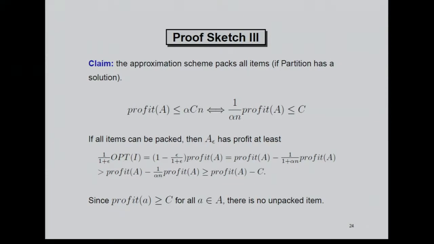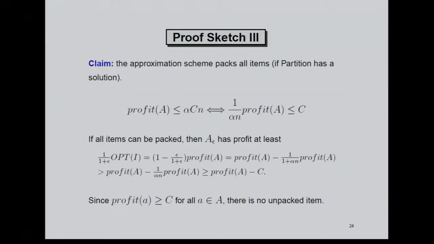So first of all, you use the bound here for the profit, and then you get a lower bound of the value c. And then if you know all items are packed, the scheme has a profit at least 1 divided by this times the optimum value. This is by the definition of the scheme. The optimum value, if all items can be packed, is the profit of all items.